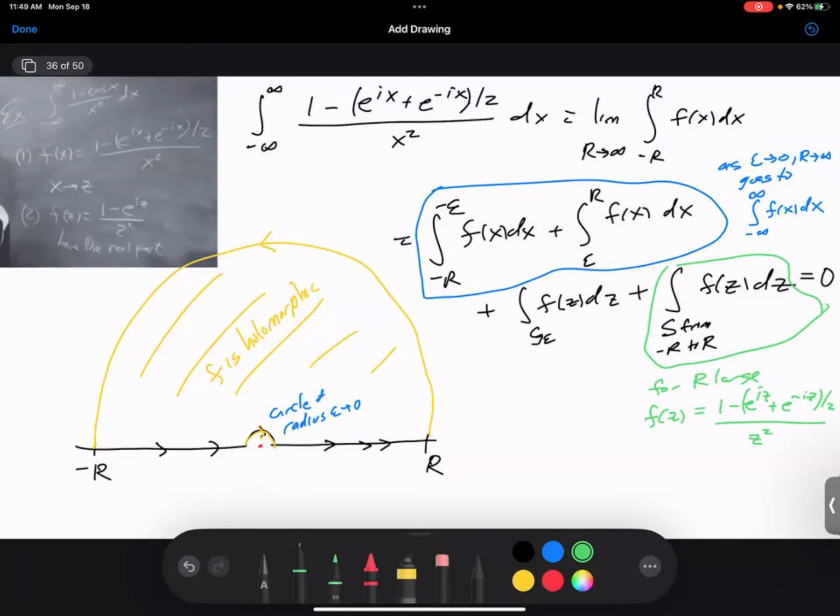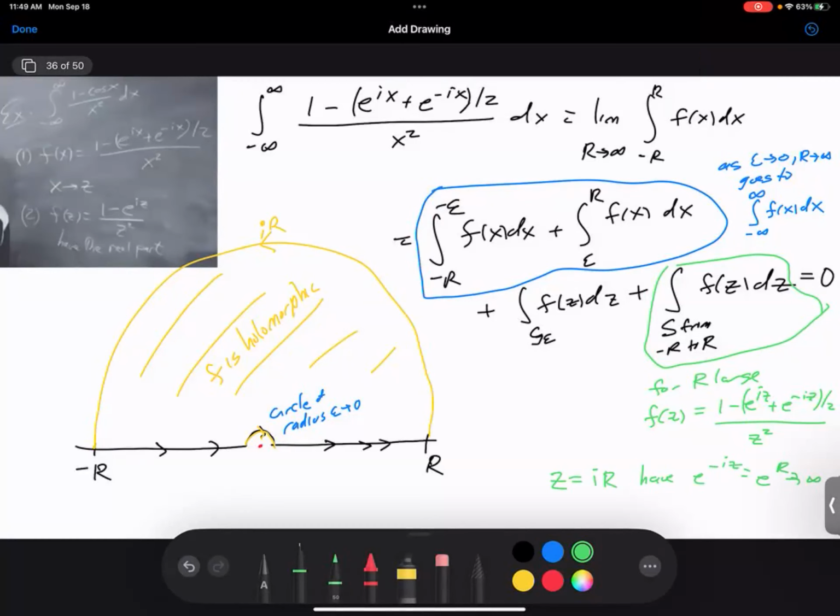The problem is we have an e to the iz and an e to the minus iz. If we let z equal i times r, so the point all the way at the very top, then we have e to the minus iz is equal to e to the r, which is going to infinity.